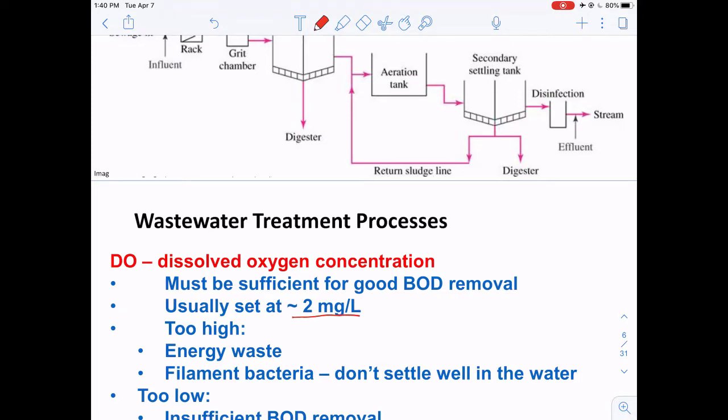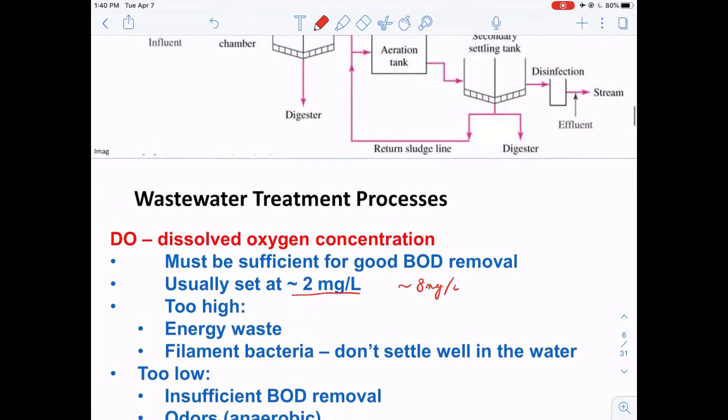Earlier in our class, when we talked about river water quality, we mentioned that the saturation dissolved oxygen concentration is around 8, right? Under normal temperatures, 8 to 10, actually. So this dissolved oxygen concentration is relatively low here.